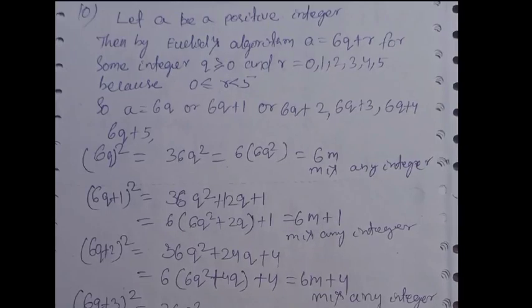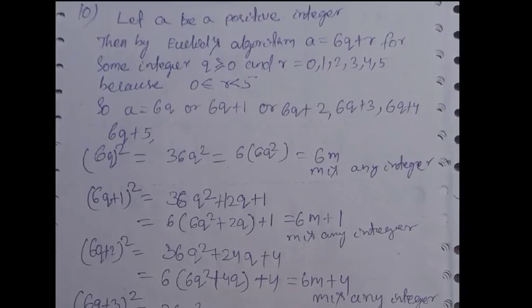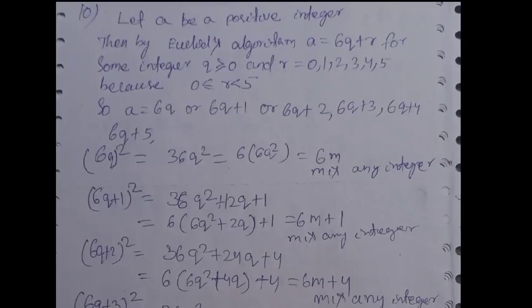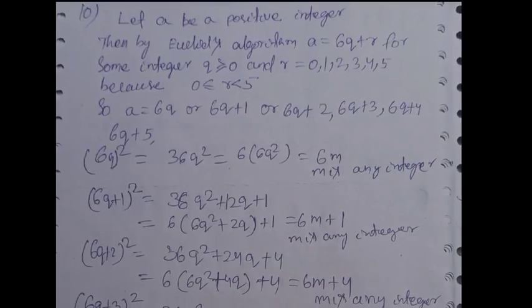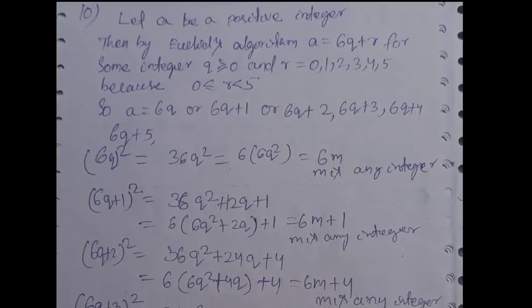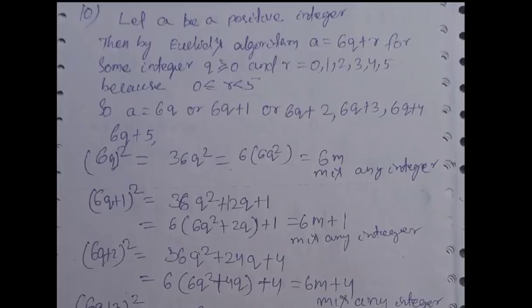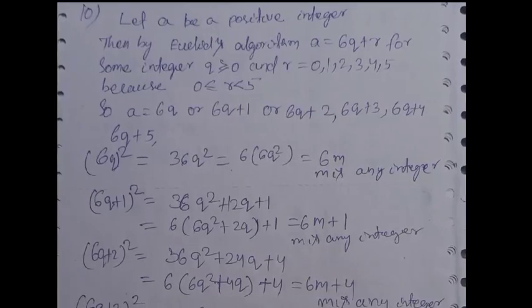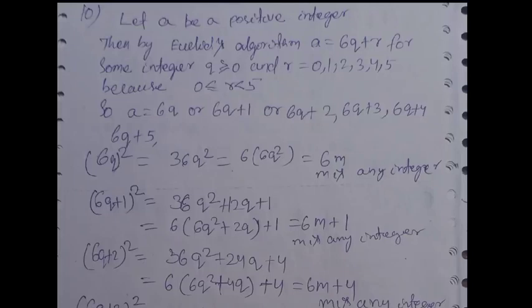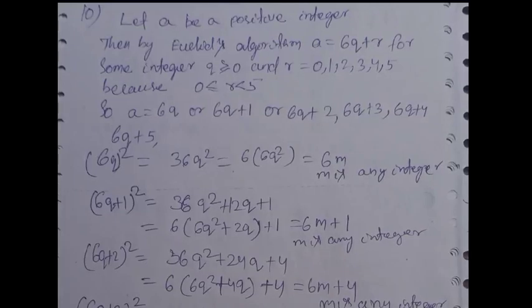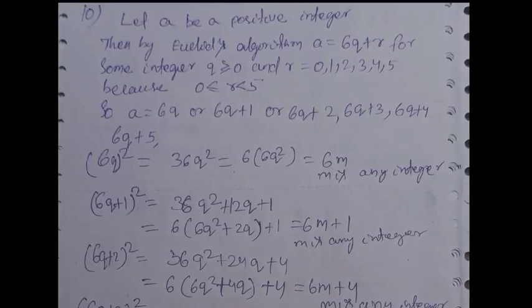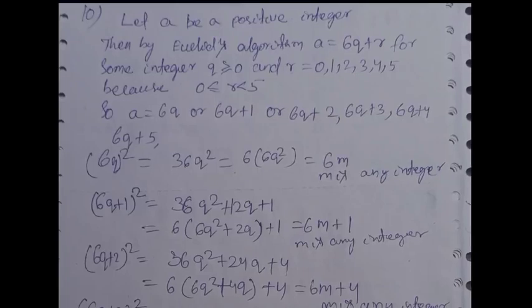M is any integer. M equal to 6q² + 2q. Then (6q+2)² equal to 36q² + 24q + 4. After taking 6 common, it will become 6(6q² + 4q) + 4. It is in the form of 6m + 4, where m is an integer. M is equal to 6q² + 4q.